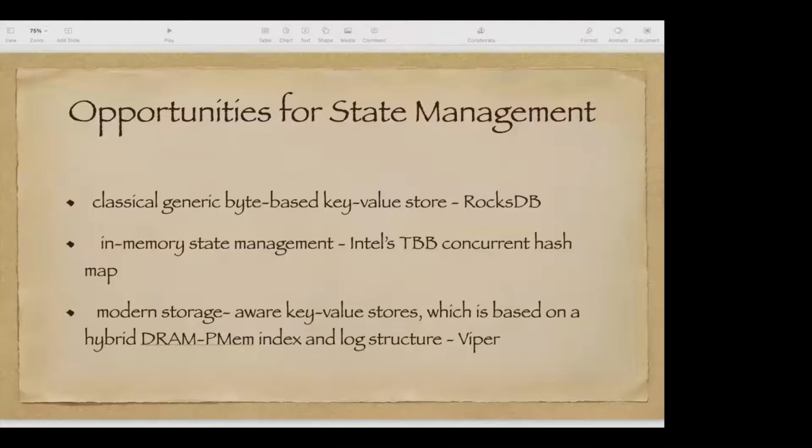Second is in-memory state management, which is Intel's TBB concurrent hash map. And third is Viper, which is a modern storage-aware key value store based on a hybrid DRAM persistent memory index and log structure.